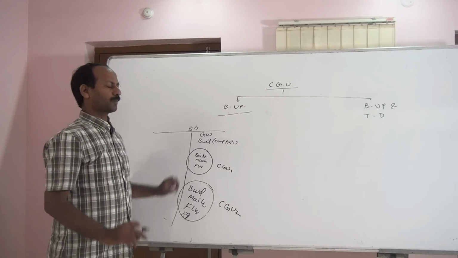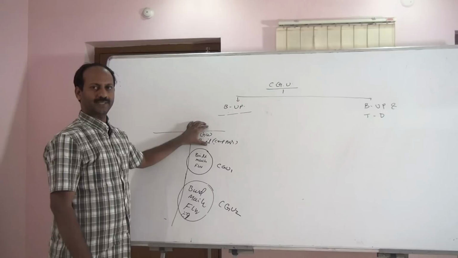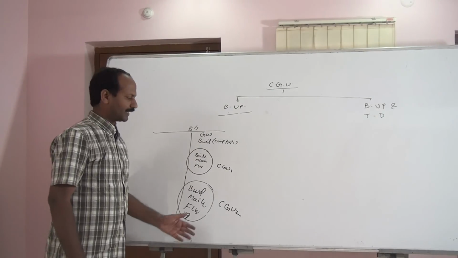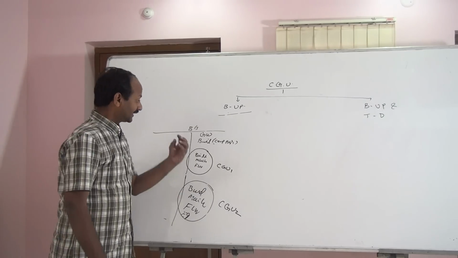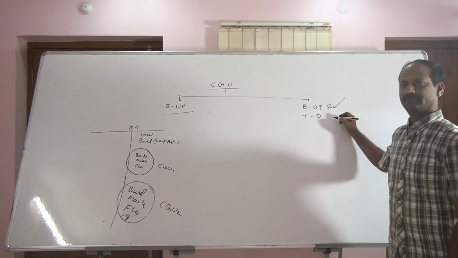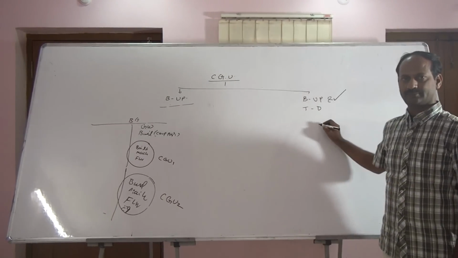If it is not possible to allocate the common assets among the various CGUs, then we have to apply the bottom-up test and the top-down test.